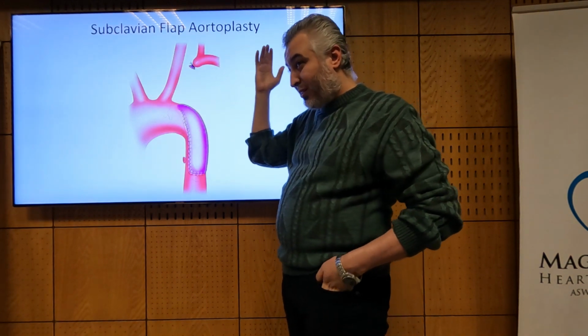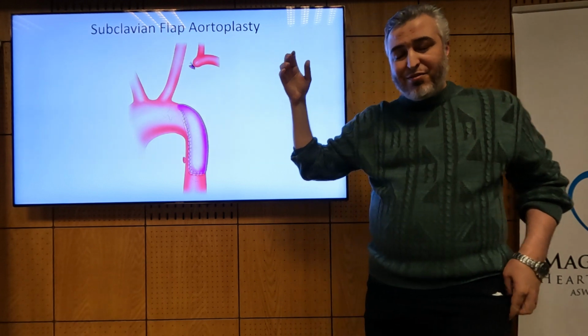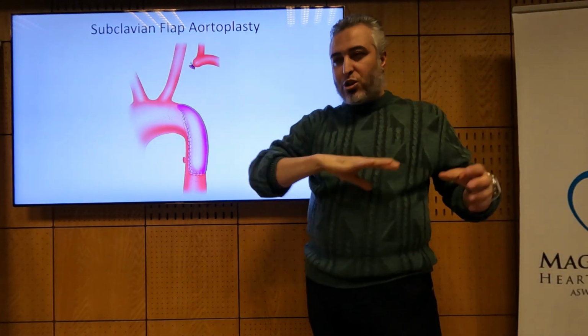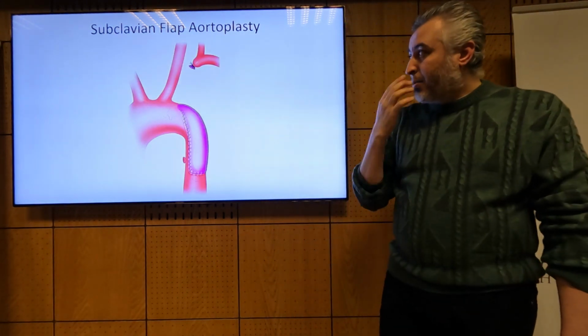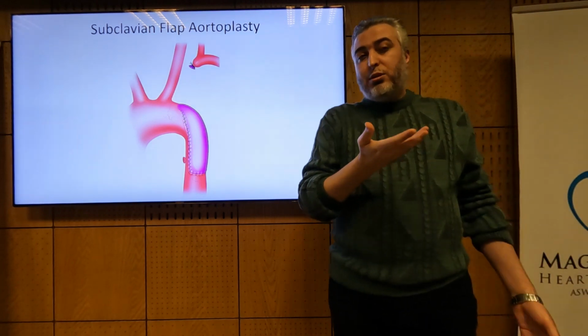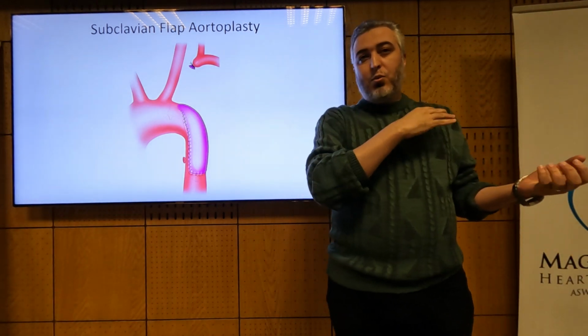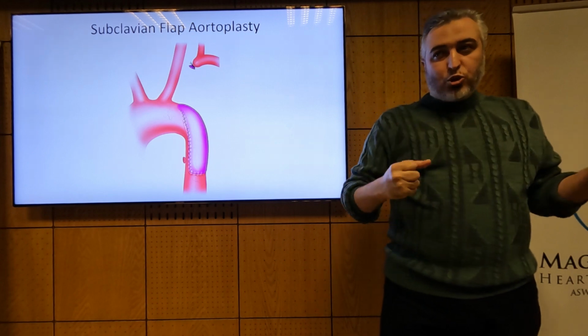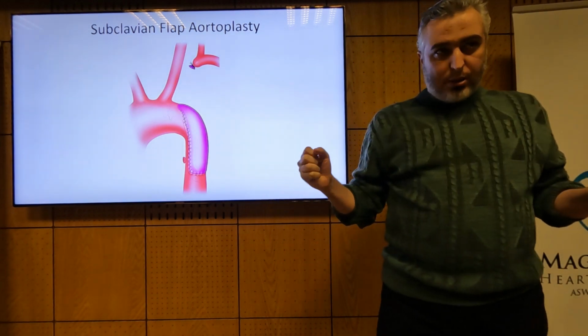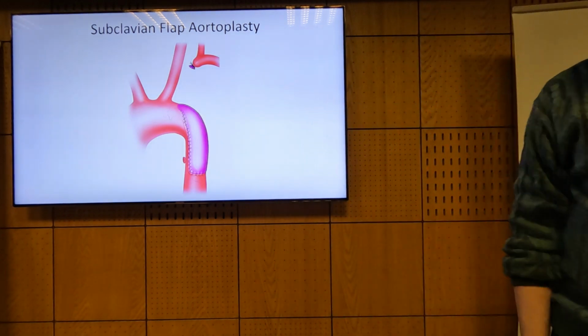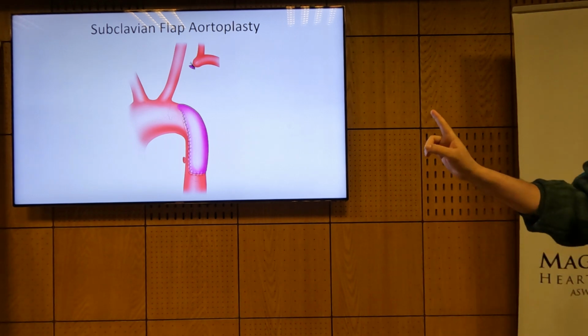Most of these patients have enough collaterals, so you very, very rarely get catastrophic gangrene and ischemia. But it has been reported that the limb with the subclavian divided does not grow like the opposite limb. So there's a growth problem here. So that's the subclavian flap.